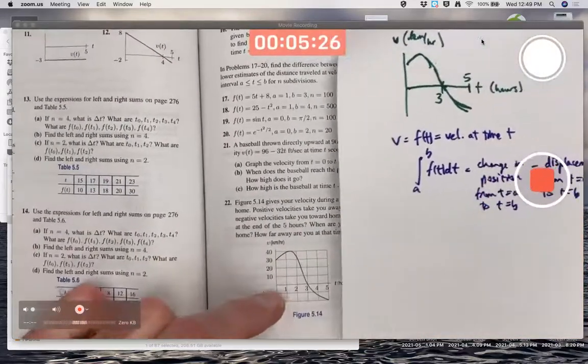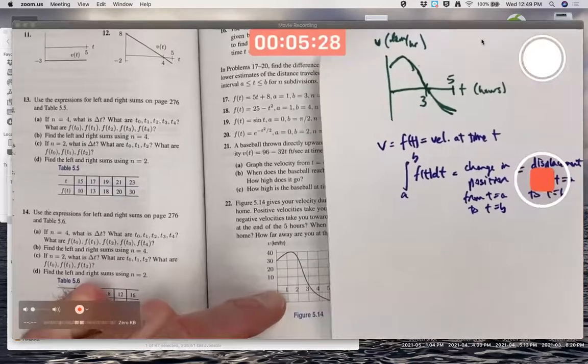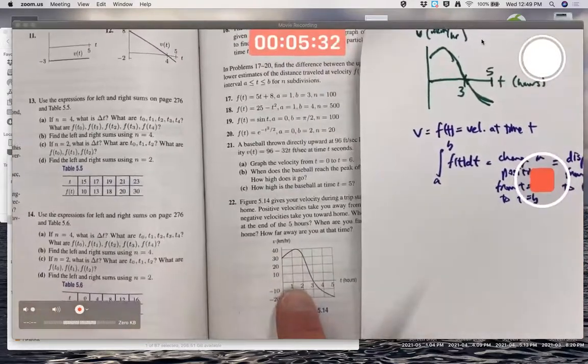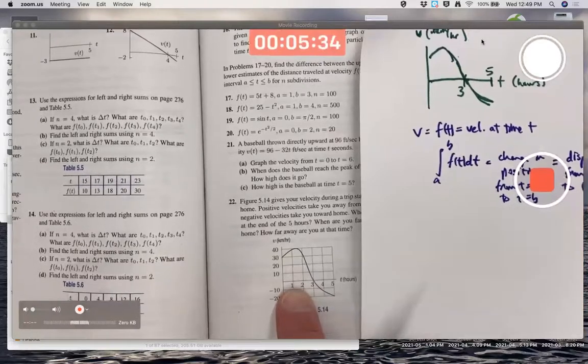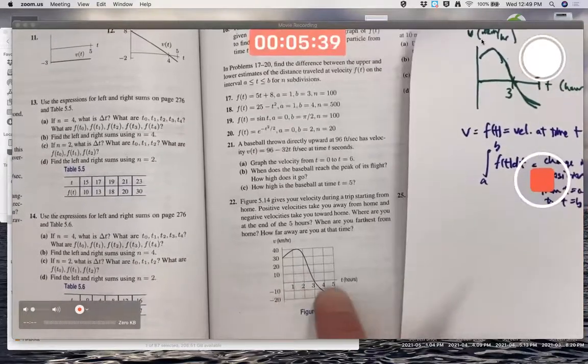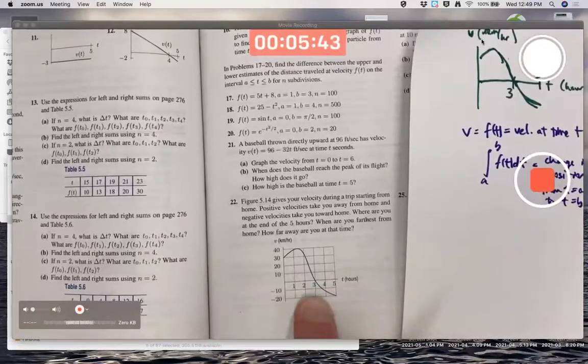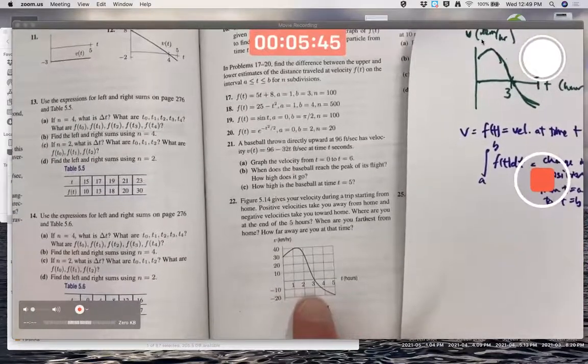Think about it intuitively and also try to get numerical answers. For the first 3 hours, the velocity is positive, so that means you are traveling away from home that entire time. From time 3 to time 5, the velocity is negative, so at time 3, you turned around and you went back toward home.